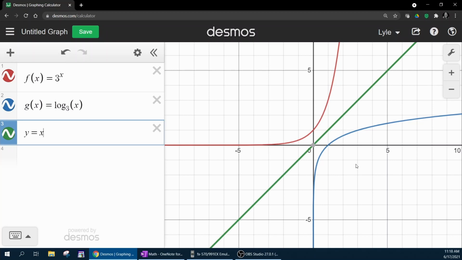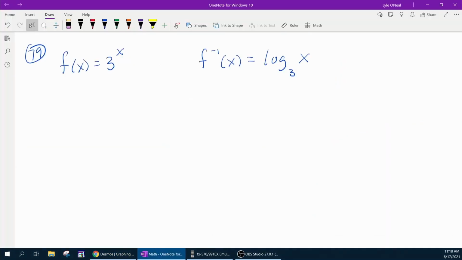So there's a visual representation of each one of these graphs and describing how and why they are inverses of each other. So now I think it would be cool to show you how you actually start with your exponential function, and through algebraic manipulation you can convert it into the inverse function.